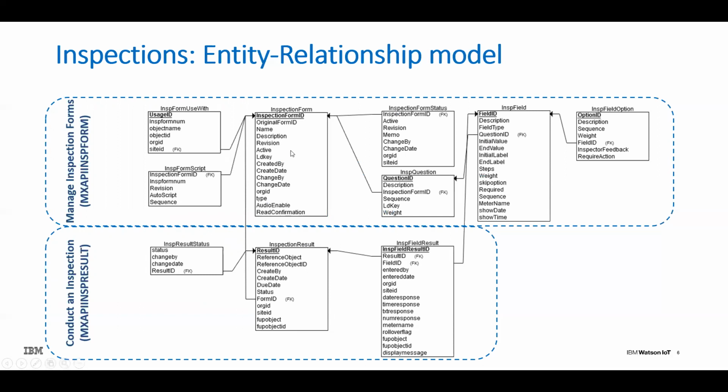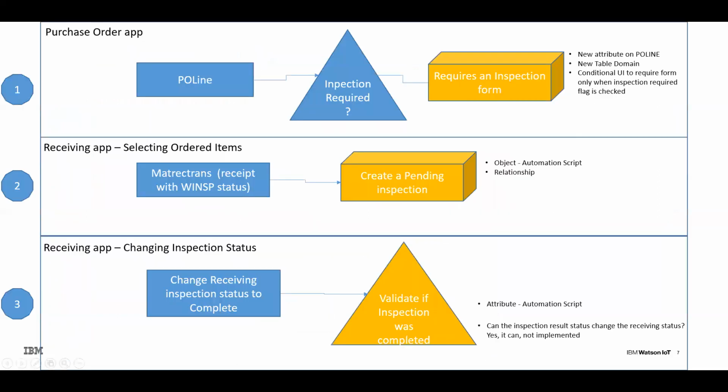So essentially, in order to plan for that inspection, we are going to consume a record from the inspection form object. And in order to execute that inspection, we are going to create a pending inspection in the inspection result object.